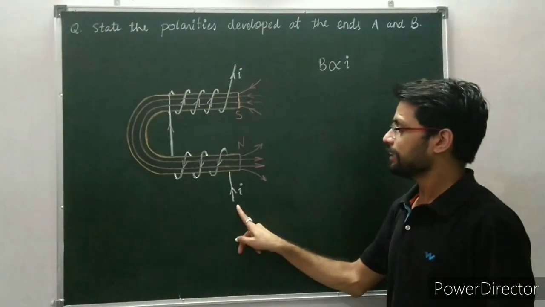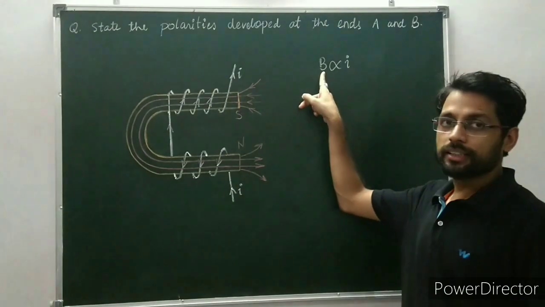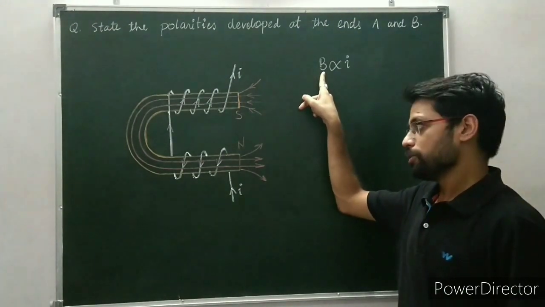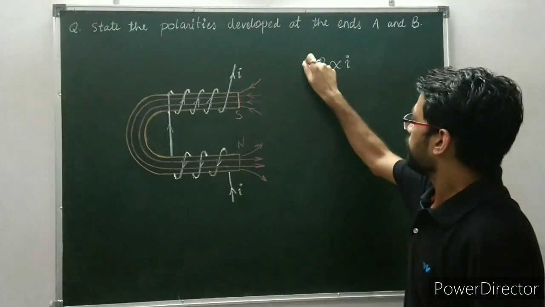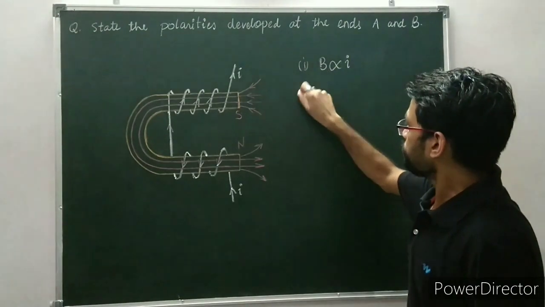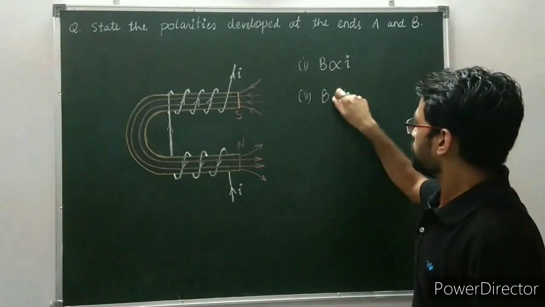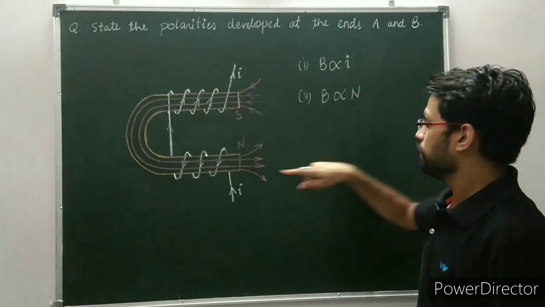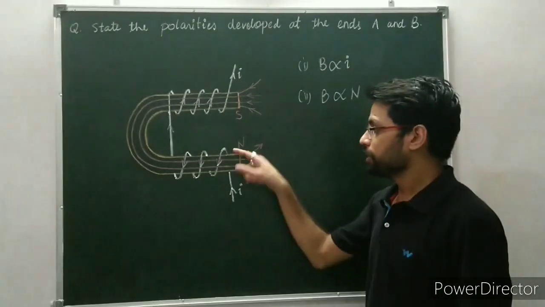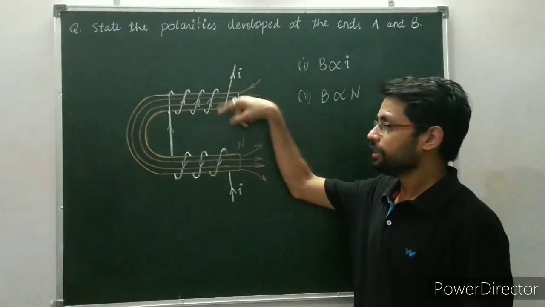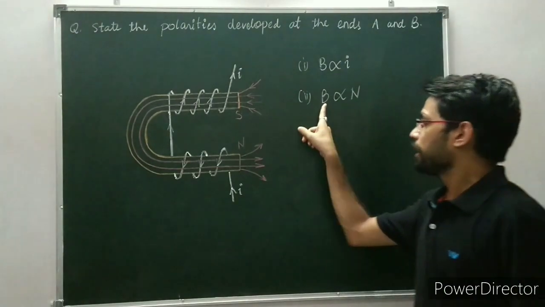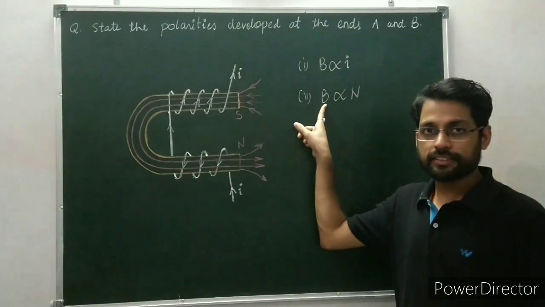When we increase the current, the magnetic field strength also increases. And second, the magnetic field strength is directly proportional to the number of turns in the coil. When you increase the number of turns in the coil, then the magnetic field strength also increases.